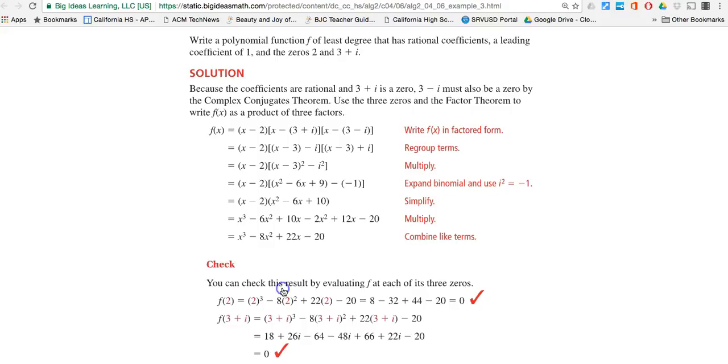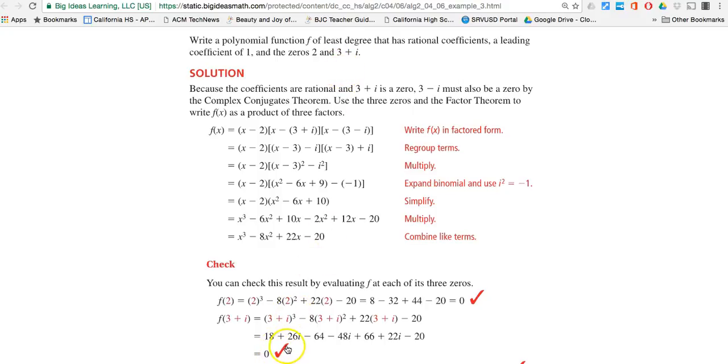When we plug in 3 plus i, you'll go ahead and see that when we work it all out, it's going to equal 0. And you'll also see that because of the conjugate theorem, if 3 plus i equals 0, then 3 minus i always equals 0. We know the complex conjugate theorem tells us that if this equals 0, its conjugate has to equal 0.